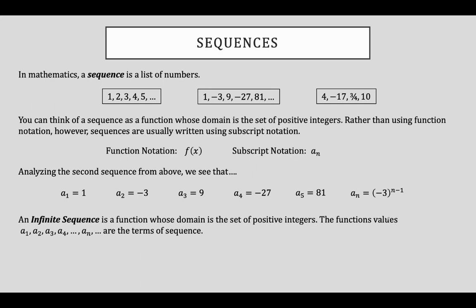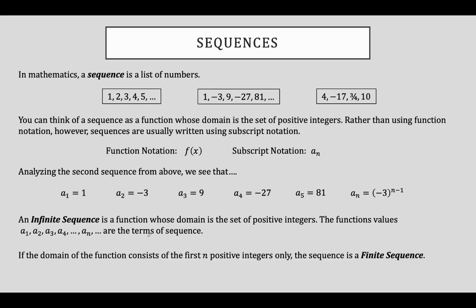The function values are a subscript 1, a subscript 2, a subscript 3, a subscript 4, dot, dot, dot, a subscript n, dot, dot, dot, meaning that there are an infinite number of terms in the sequence. All right, those would be the terms. If the domain of a function consists of the first n positive integers only, the sequence is a finite sequence.